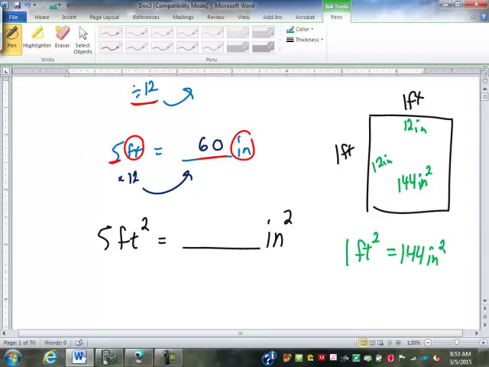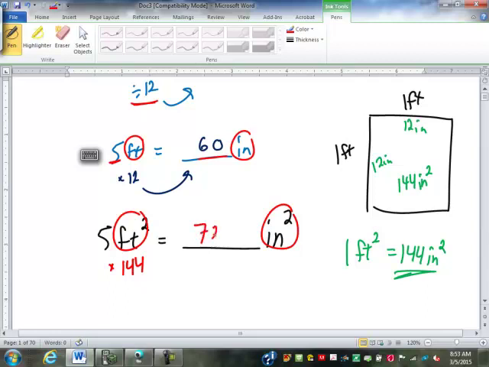So when I go to make this conversion from square feet to square inches, I'm not going to use 12 as my conversion factor, I'm going to use 144. Do I multiply or divide? Multiply. I'm going from square feet to square inches. The unit's getting smaller, the number has to get larger.